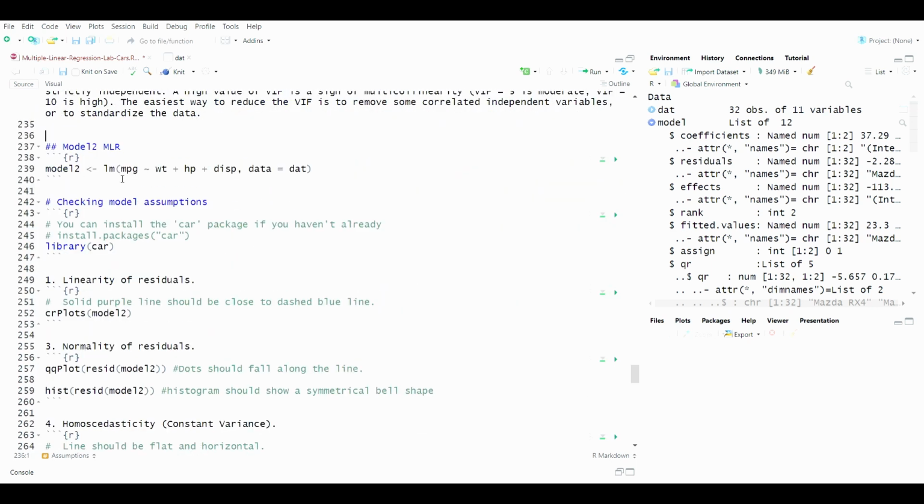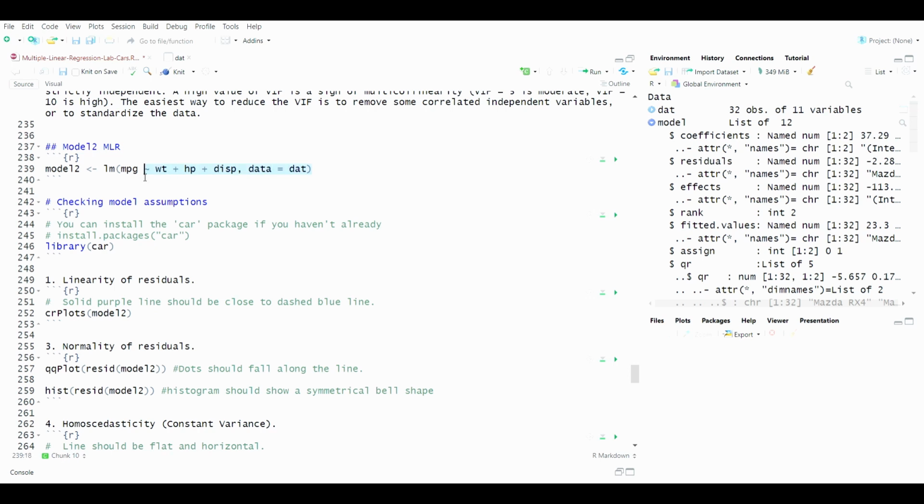So let's scroll down to look at our Model 2 for multiple linear regression. Simple as this, linear model is the function on our y, miles per gallon, as a function of tilde, our first x, weight, second x, horsepower, third x, displacement. What data? Dat.